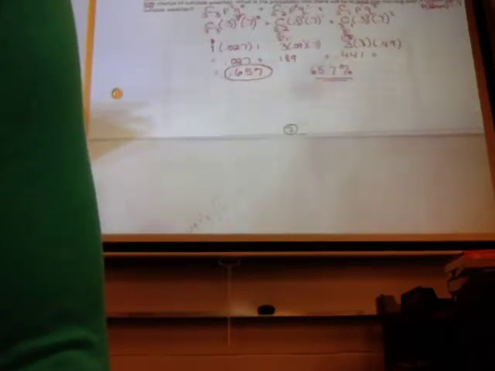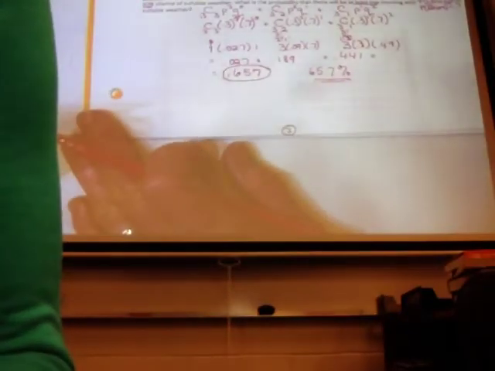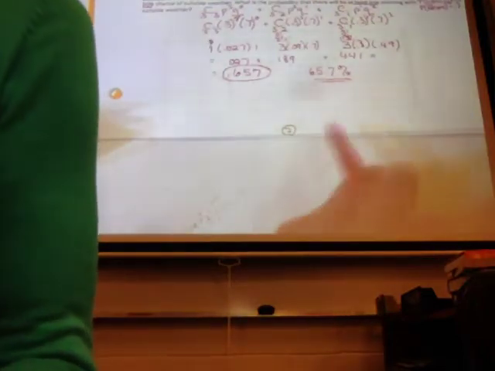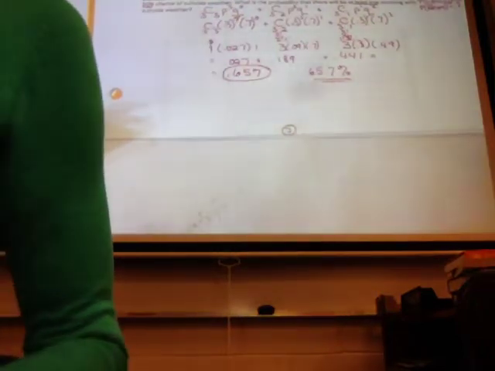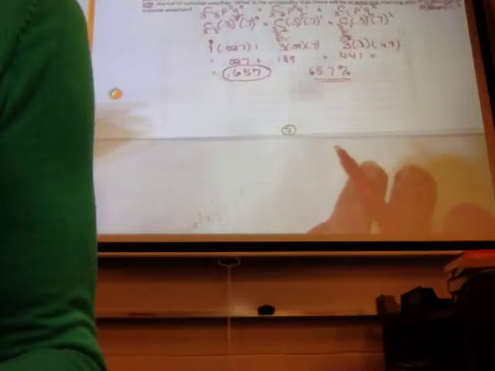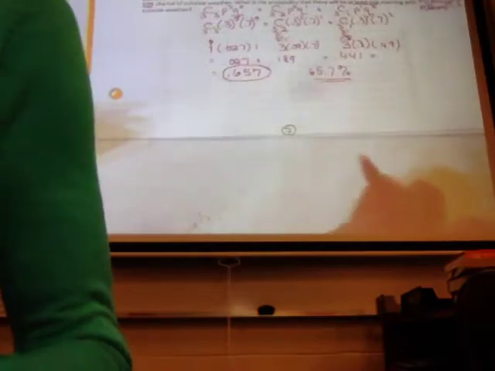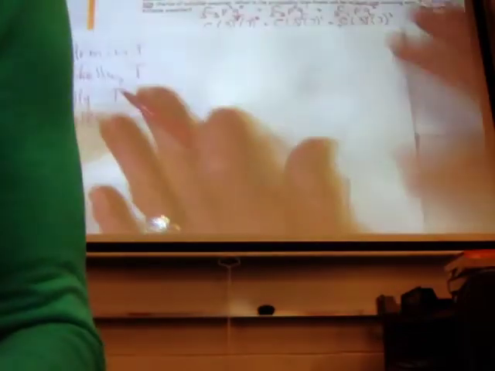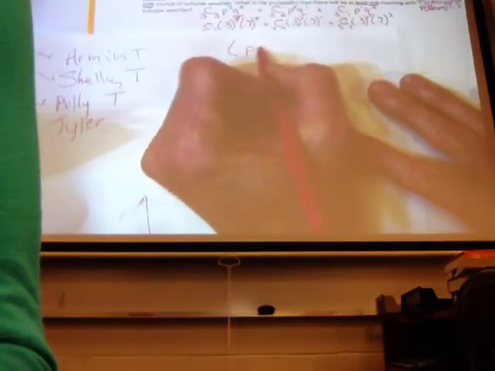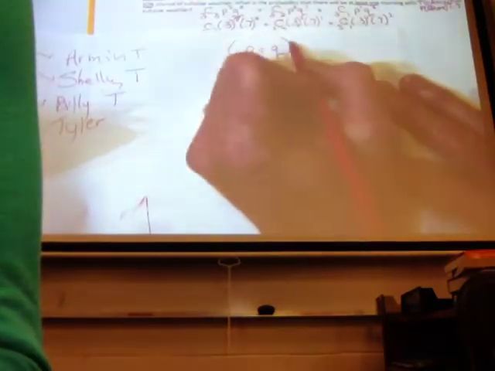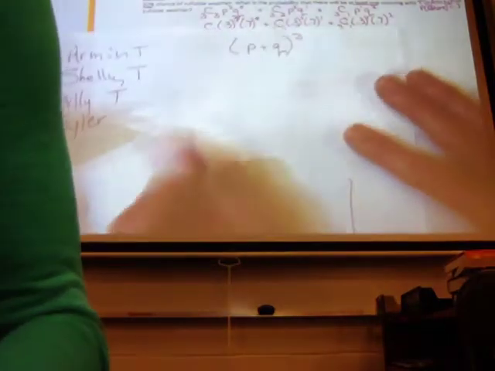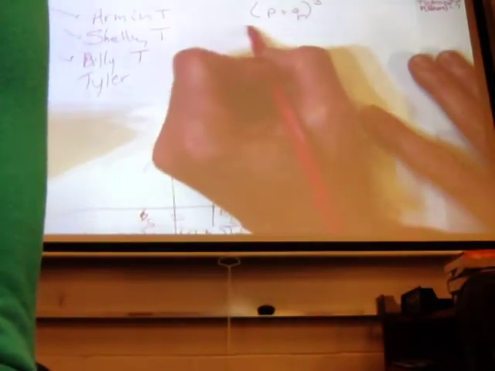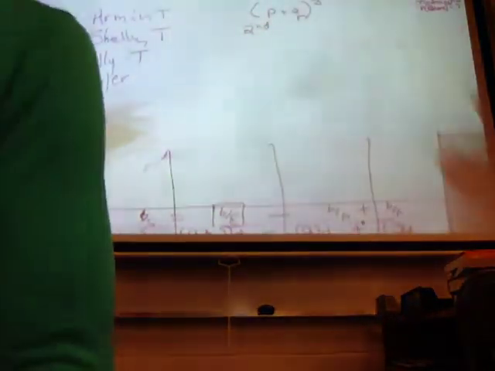Okay, any questions on that? Binomial distribution. If I would have had something like this, where P and Q stand for anything, to the third power, and I would have said find the second term, what would you do then?